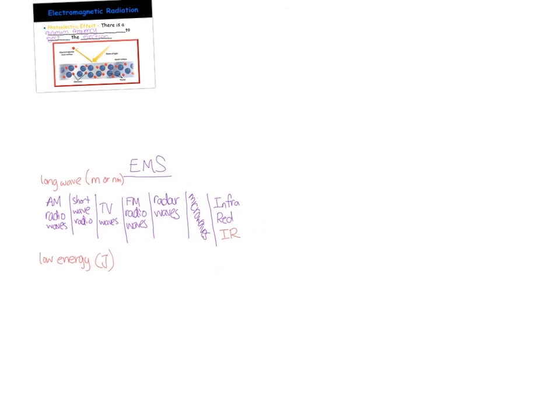So if I go through that, you know what comes after infrared? Joules, because energy is in joules. Then you run into what we're going to call the visible light spectrum.